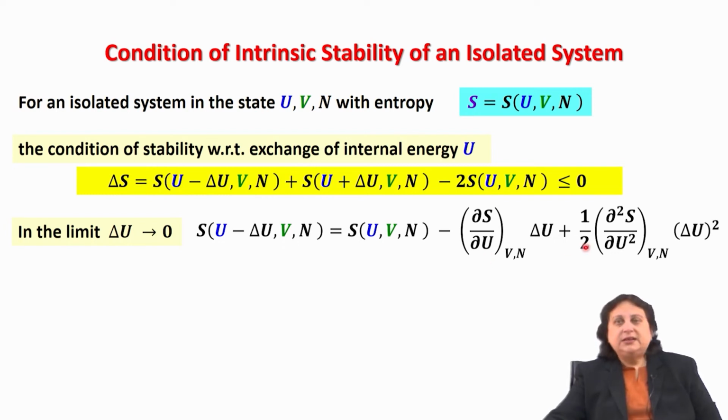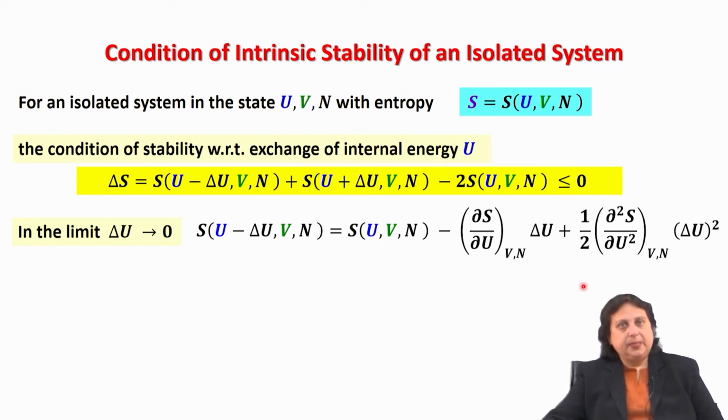Similarly, the second derivative term involves delta U squared. Since I am interested in delta U going to 0, I have enough reason to truncate the Taylor series after this term.